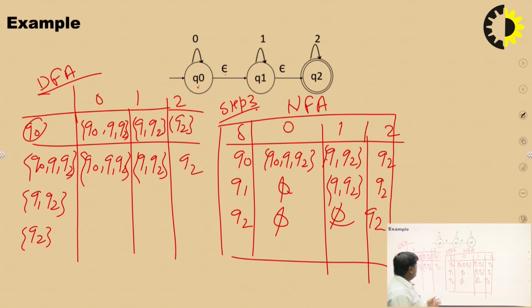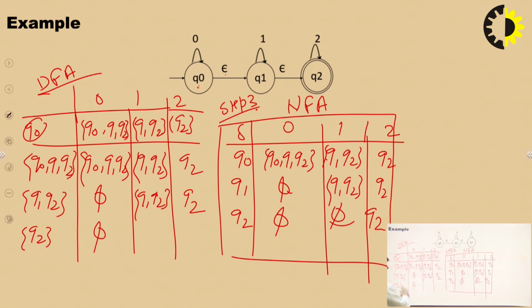Now Q1 and Q2 on 0 gives phi, on 1 gives Q1 and Q2, and on 2 gives Q2. Q2 on 0 gives phi, on 1 gives phi, and on 2 gives Q2.